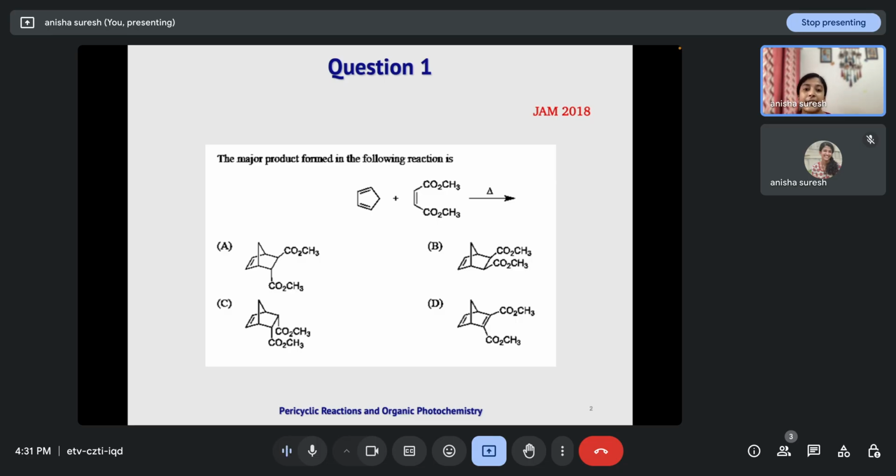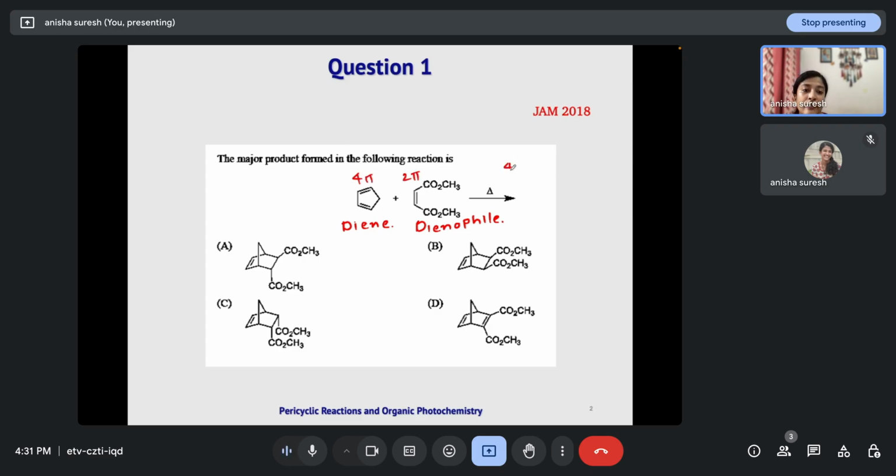So here a cyclopentadiene and an alkene which is substituted by two ester groups have been given. So this is the electron deficient dienophile species and this is the diene. As you can see, this is a 4 pi component and this is a 2 pi component.